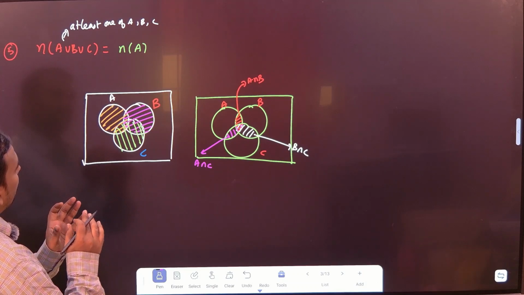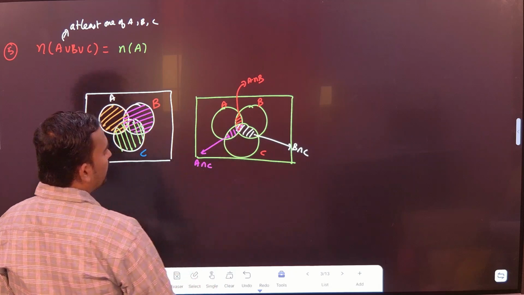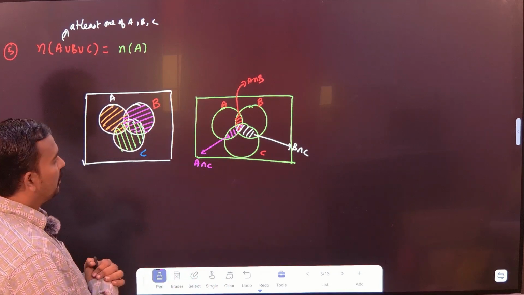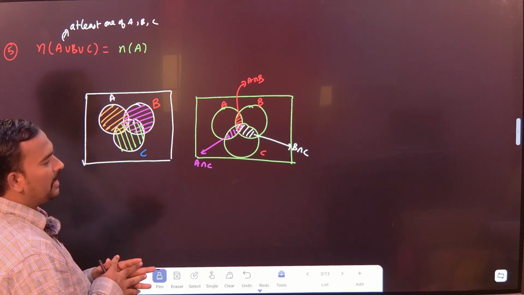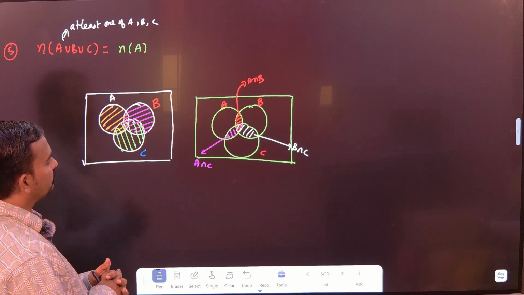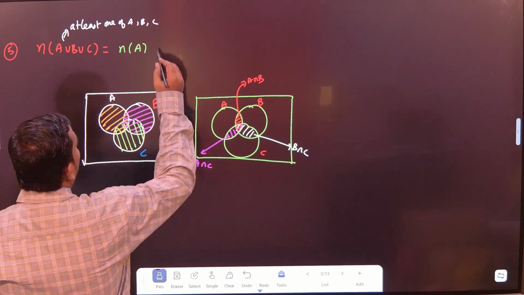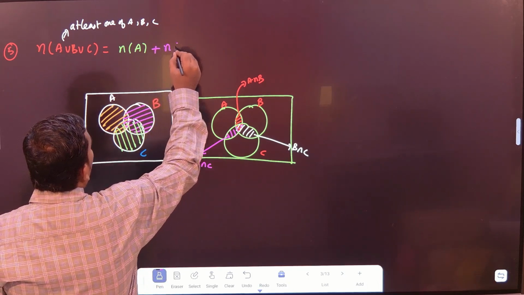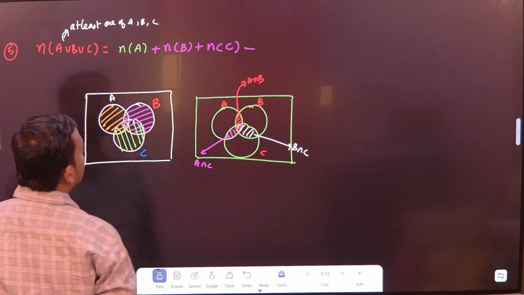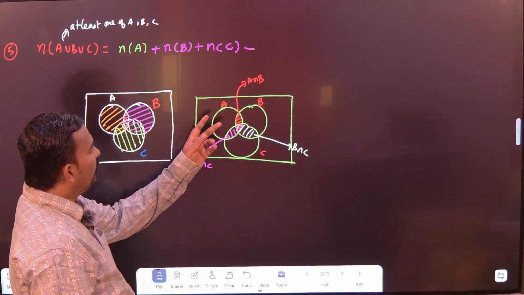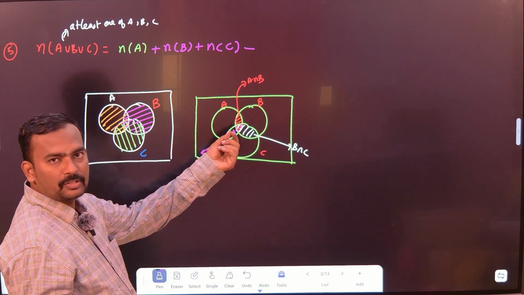So when you take complete A, you are adding A intersection B, right? When you take complete B, you are adding A intersection B again. Understood? So n of A plus n of B plus n of C you can take, minus, when you take A, one time adding A intersection B, no problem.